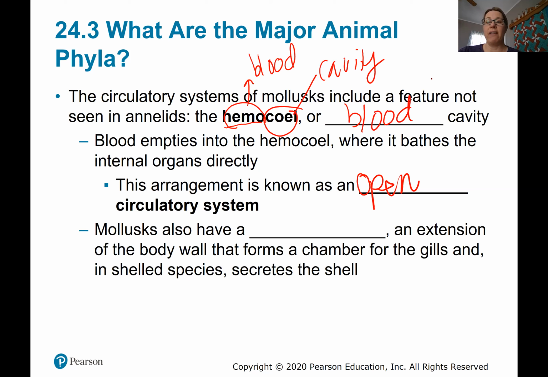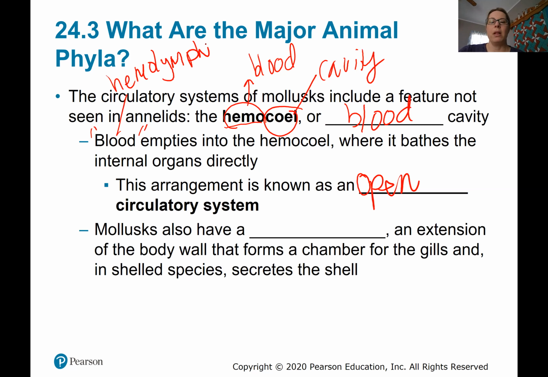They have a cavity, an open space within their body that blood, I'm going to put this in quotations because it's actually called hemolymph. That's what their blood's actually called, but it's sort of like blood. And if you've had A&P before, lymph is extra fluid outside of the cells. So it's kind of a mixture between blood and lymph that we would see in humans.